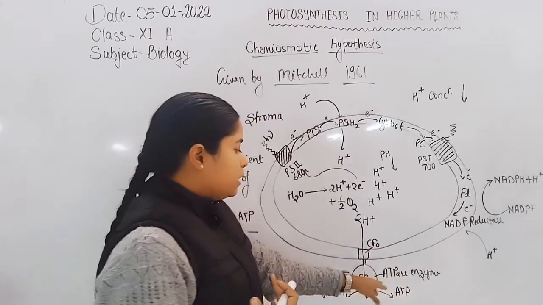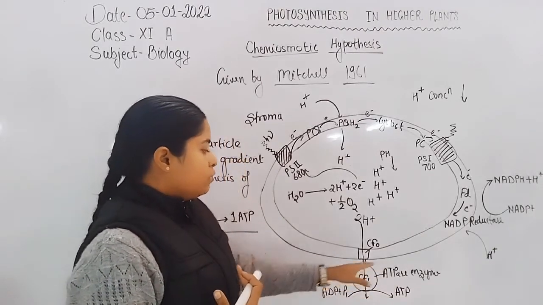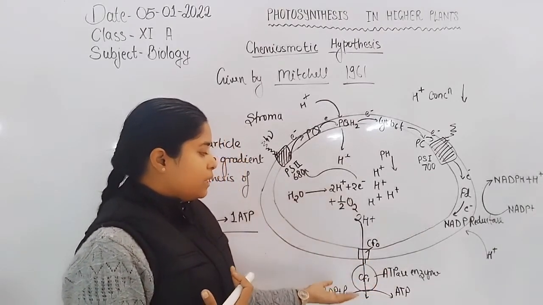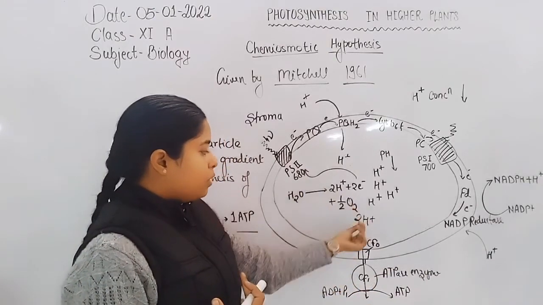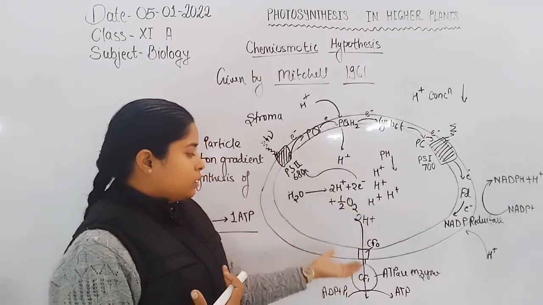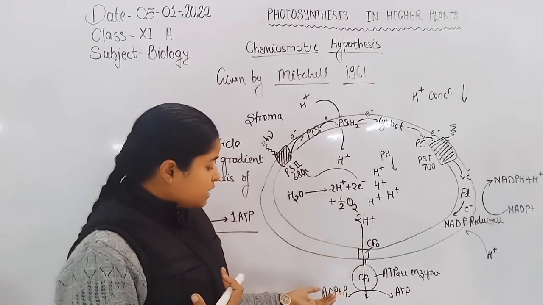Now, the CF1 particle consists of the ATPase enzyme, and 2 protons are pumped for making the ATPase enzyme energetic.